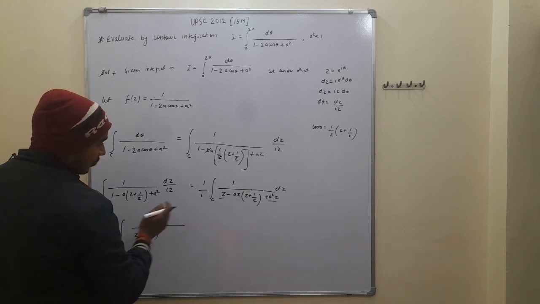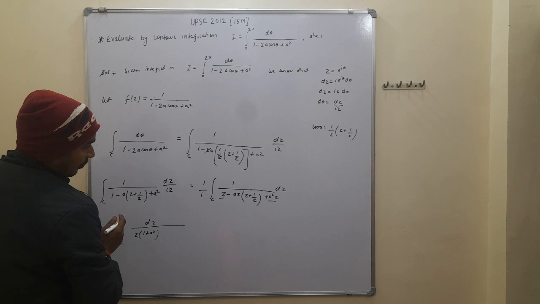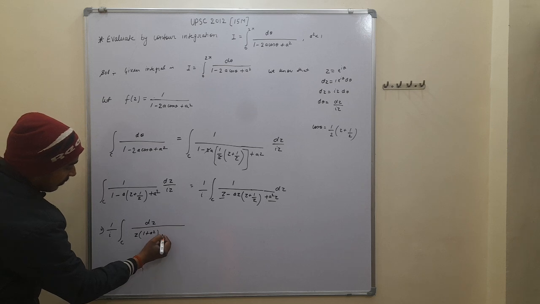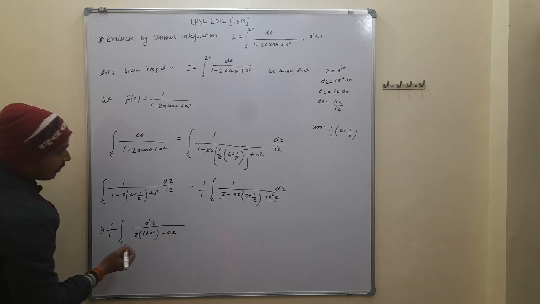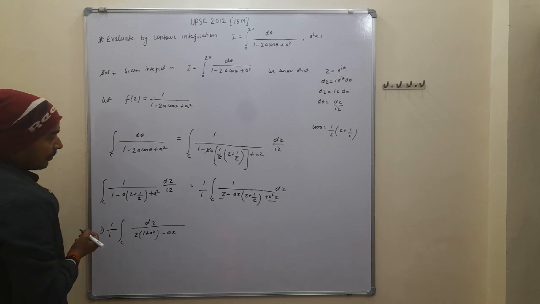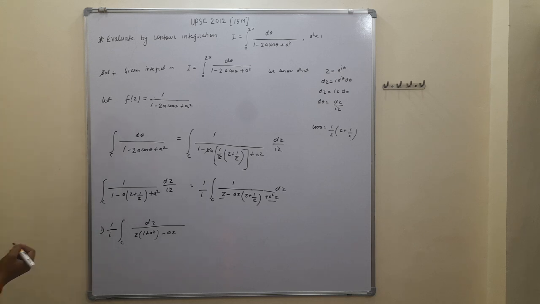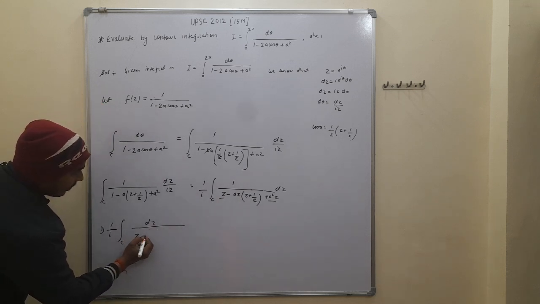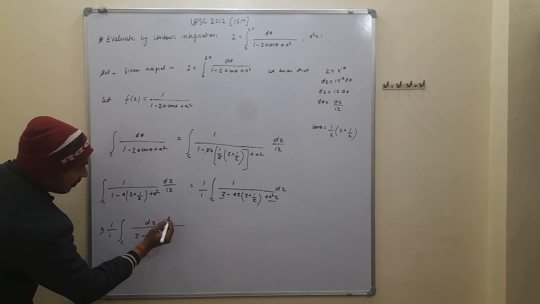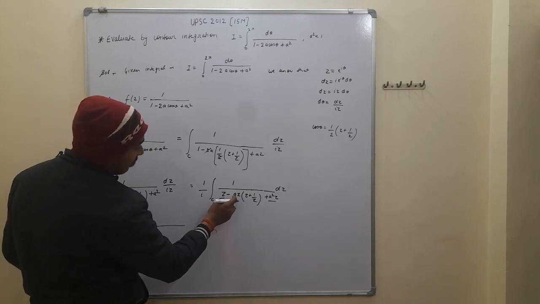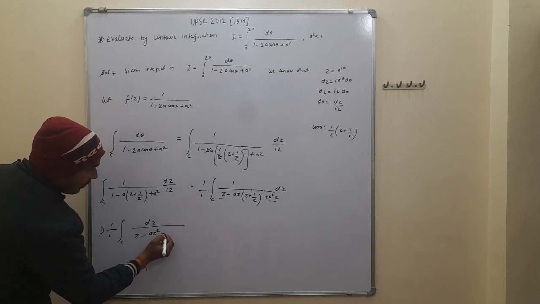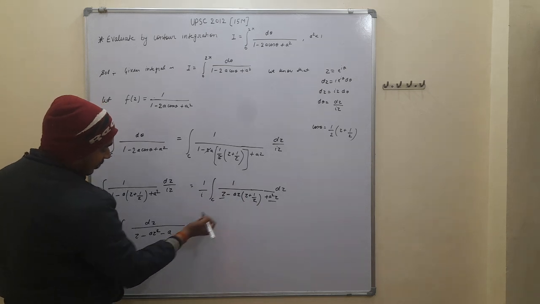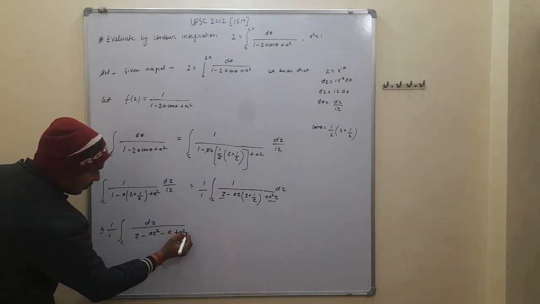From here we also take z minus az square, and minus a, multiplying minus a with z, that is minus a plus a square z.